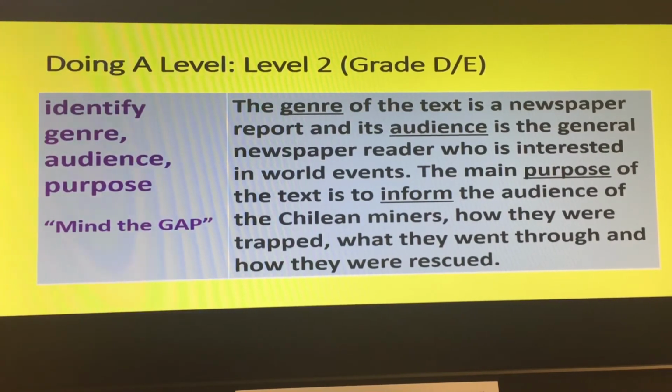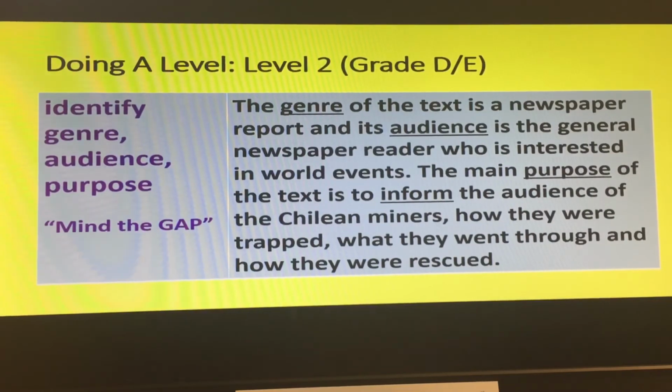And then the third thing I do is I say what I think the main or primary purpose is of this text. And it's to inform, because that's what fundamentally newspaper reports do. They provide information for their readers.